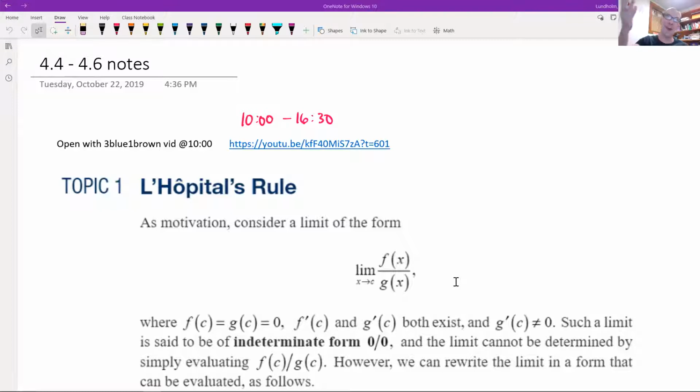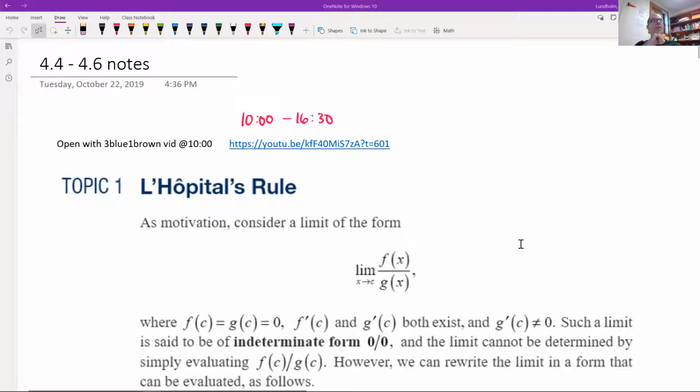Well, L'Hopital's rule is a nice tool that will help us solve limits that we haven't been able to do before, specifically limits that are in an indeterminate form, like 0 over 0, although there are lots of indeterminate forms that we'll look at today.